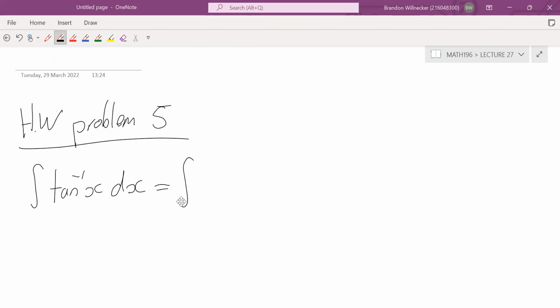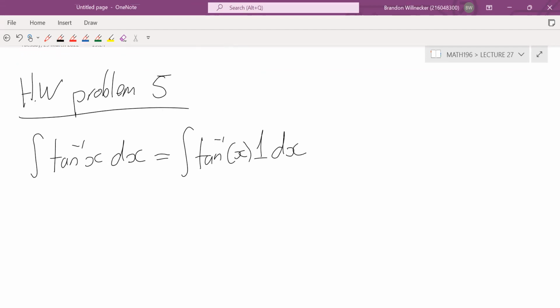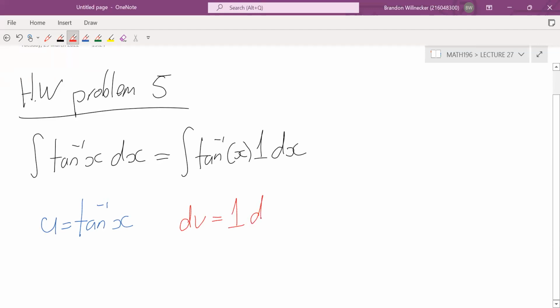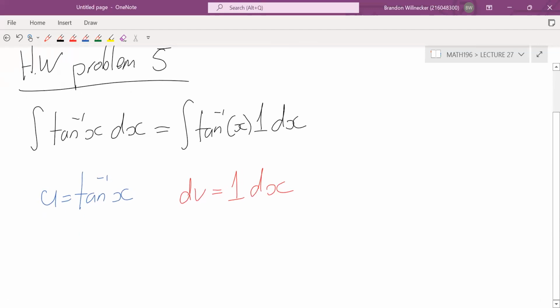So we're going to have tan inverse of x times 1, that doesn't change anything, dx. So as the hint said, we're going to let u be equal to tan inverse x, and we're going to let dv be equal to the remainder, so 1 dx.